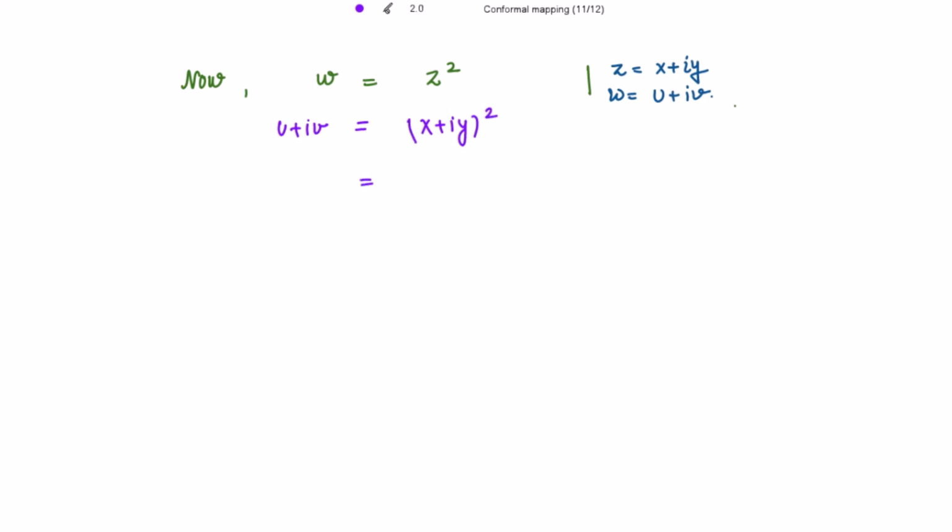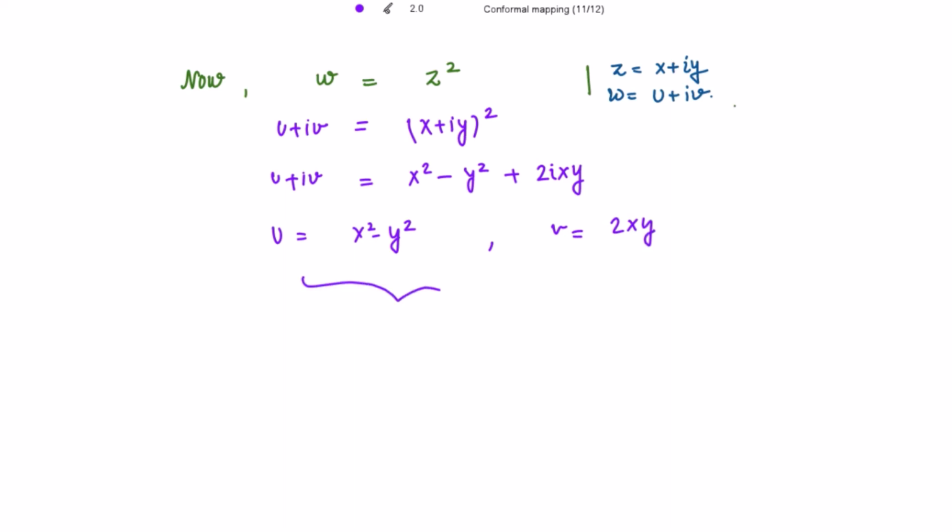Opening the bracket, we get x square minus y square plus twice iota xy, right? On comparing the real and imaginary parts, we get u equal to x square minus y square and v equal to 2xy.